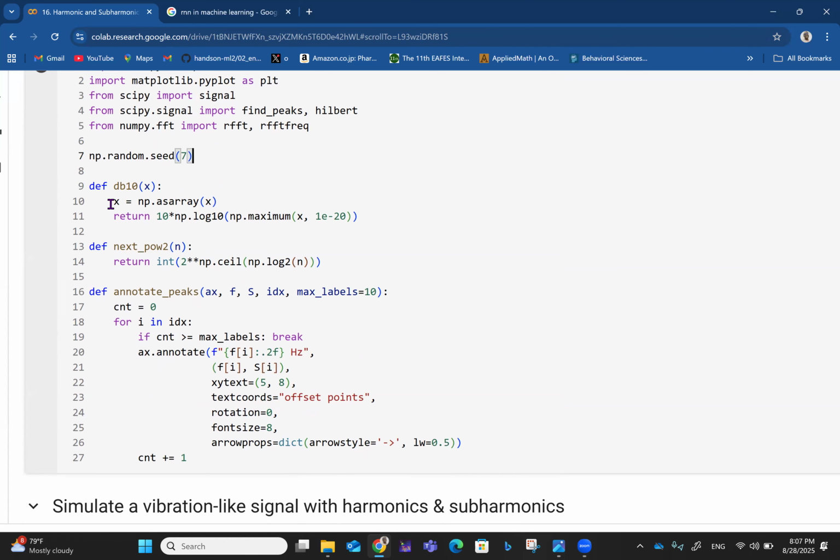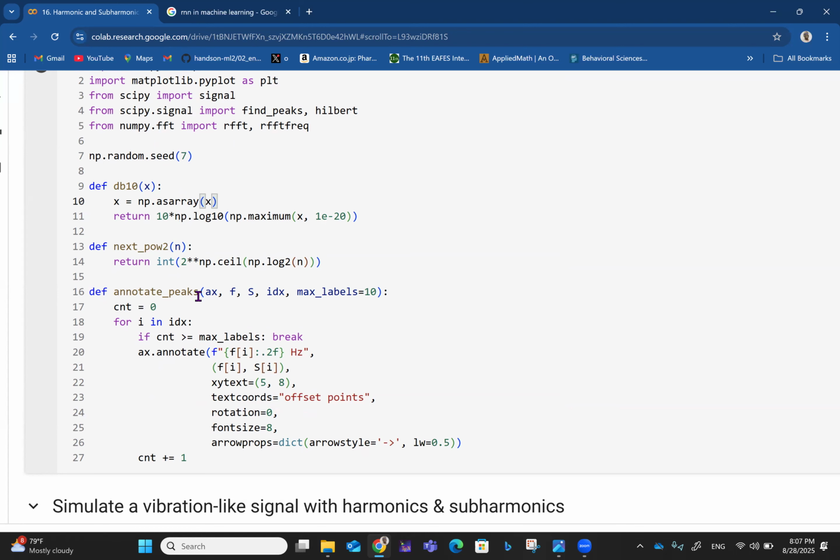Like a function called db10 taking value x, which returns 10 times log base 10 of x, with a small 1e-20 added. Then you define another function, next_pow2(n), which returns the integer 2 raised to the ceiling of log base 2 of n, I want to believe.